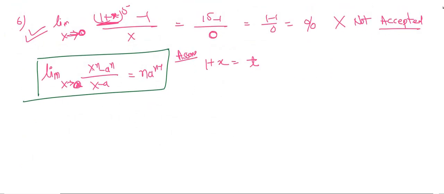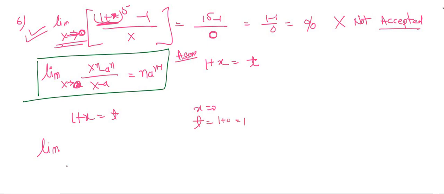Look carefully, this is a very important question. See carefully how we will solve it. I am assuming 1 plus x is t. So when x is 0, what will t be? t will be 1 plus 0, which is 1. So t will be going to 1.